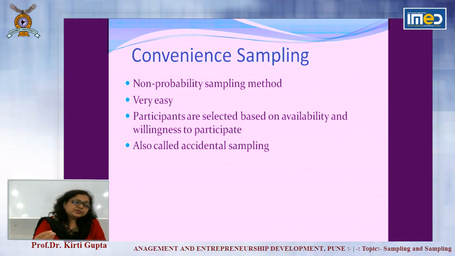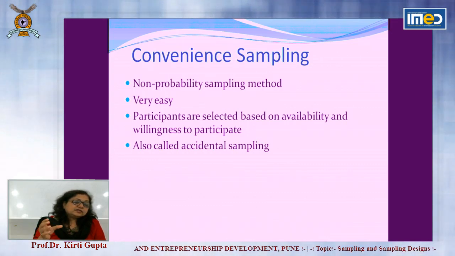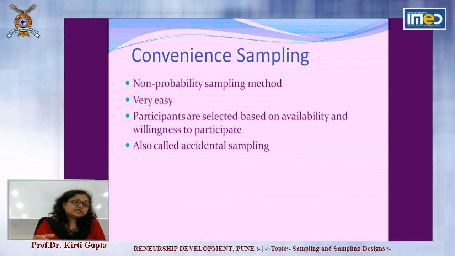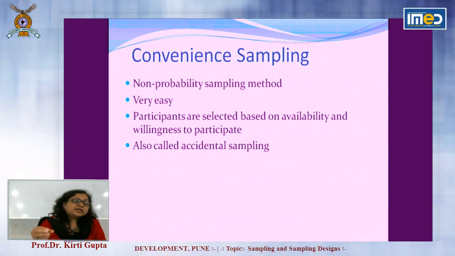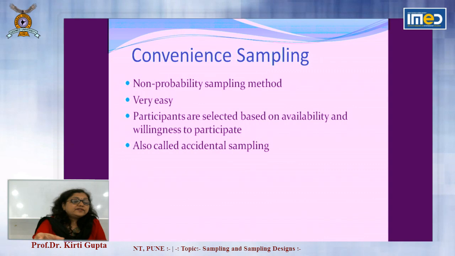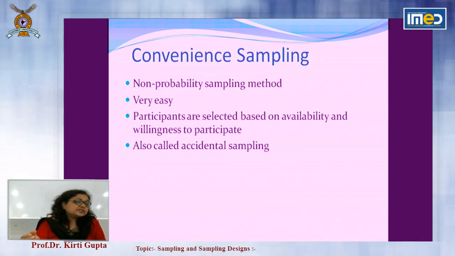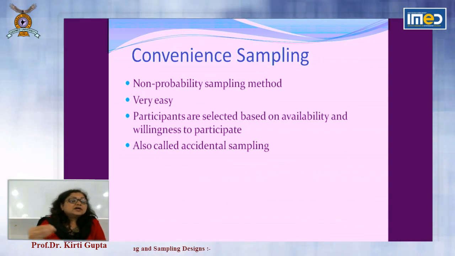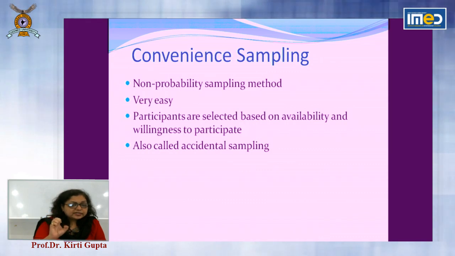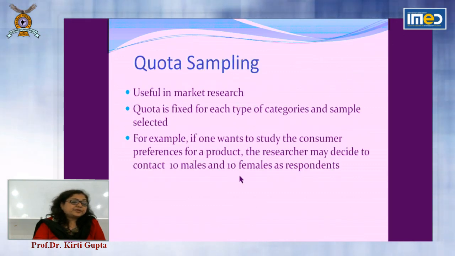So sometimes you see outside the theater where the movie is being screened, there are news people, and they will immediately approach the audience when they come out, and they will ask, how did you find the actor, how did you find the plot, etc. So they are trying to collect information, but the sample is being provided accidentally. There is no planned sample.